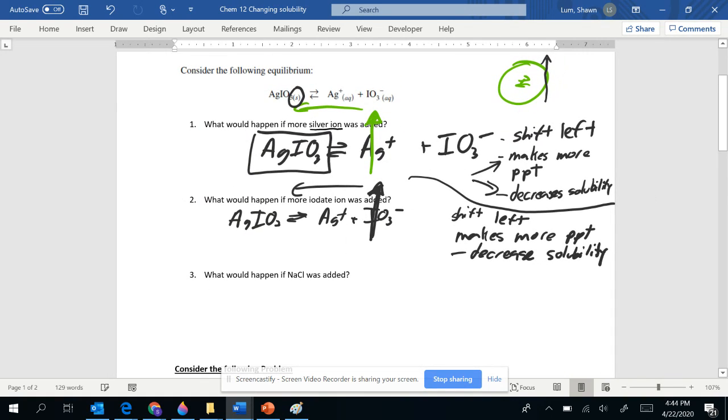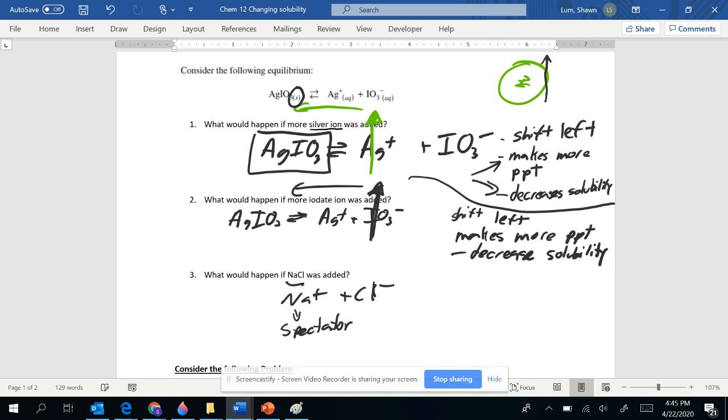Now, what would happen if NaCl was added? So the first thing we should think about is that NaCl is going to be Na plus and Cl minus. Now, Na is not going to react with anything. What we call this is a spectator.